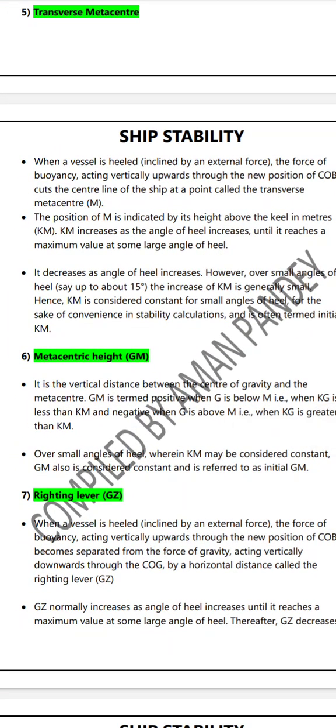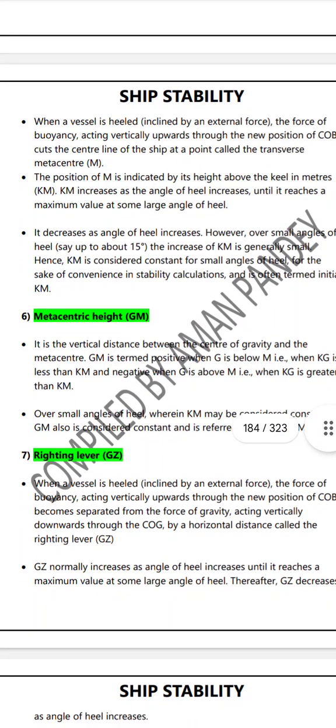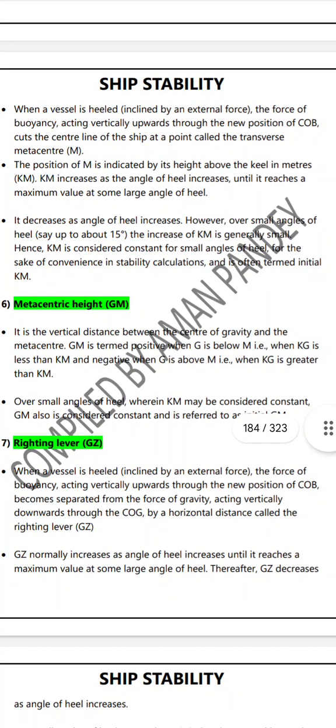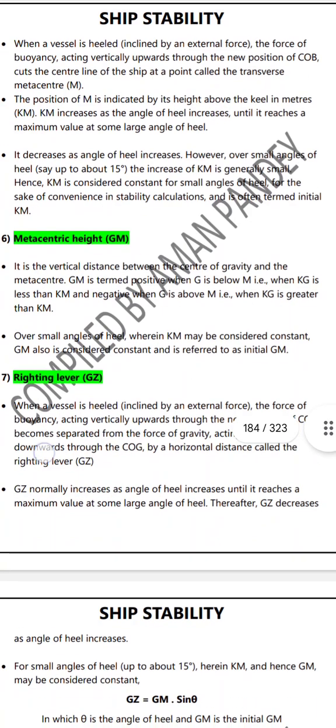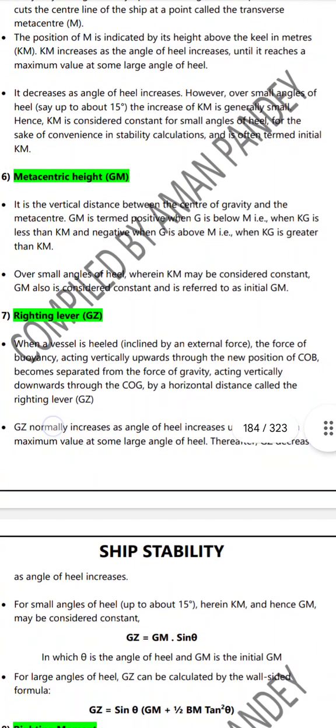As the angle of heel increases, KM increases until it reaches a maximum at some angle of heel, and then decreases as the angle of heel increases further. At small angles of heel, KM is generally constant, hence KM is considered for small angles of heel.